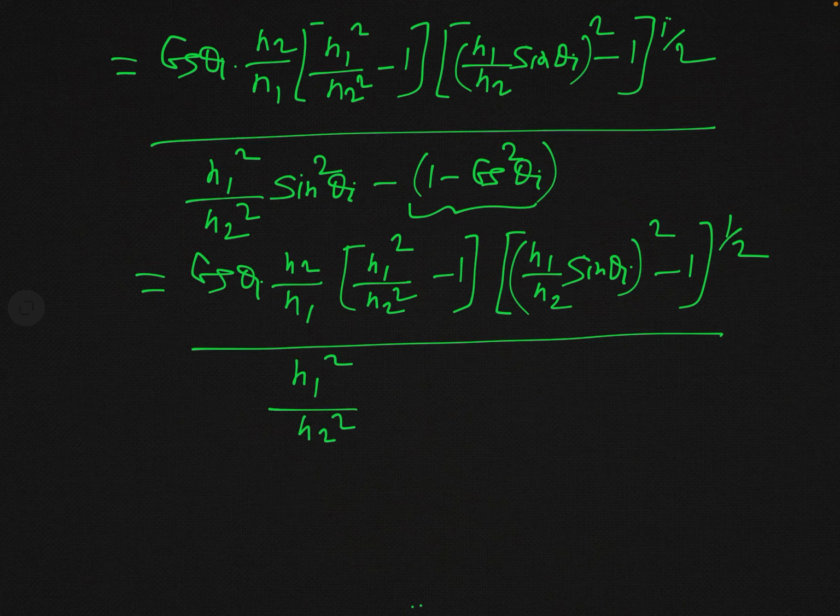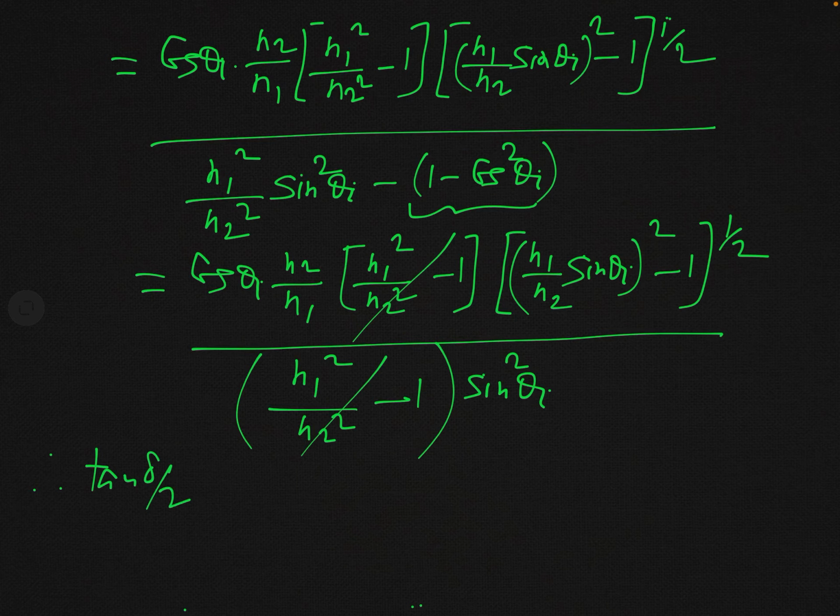Now you can see this 1 minus cos square theta I is sin square theta I, and so if we take this sin square theta I as a common factor, our result will be n1 square by n2 square minus 1 into sin square theta I. And now you can see this factor n1 square by n2 square minus 1 will cancel out, and so finally you can see what this result will be.